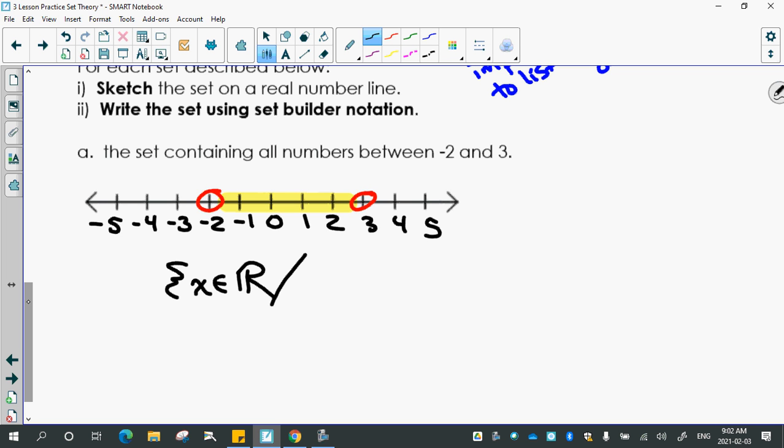The smallest is -2, even though we're not allowed to be -2, so we use a strictly less than, not less than or equal to, -2 < X, which is strictly less than 3. So that describes all the real numbers that are greater than -2 and less than 3.